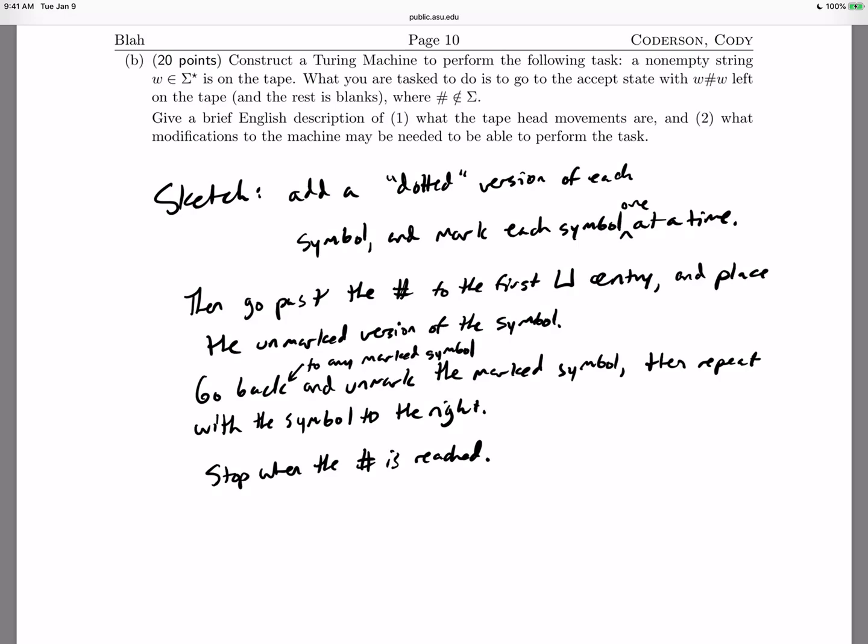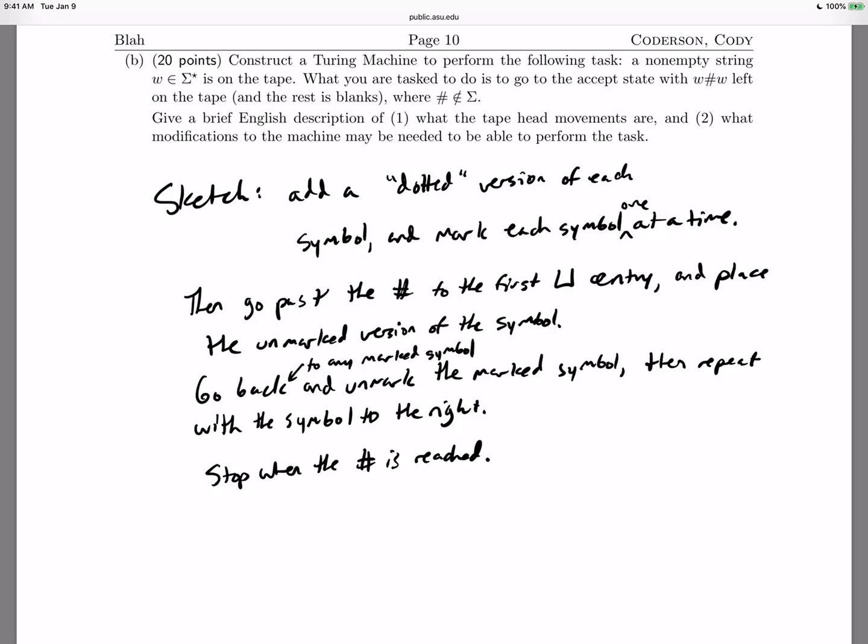So the idea was to mark a character on the left side, then put it on the right side in the next available slot, then, still remembering which character you just did, unmark the one that you had before. So if it was a 0, for example, you put a dot on that 0, essentially a different character. Put a 0 on the other side. Come back until you hit a 0 dot. Unmark it, so put a 0 there, and then move right 1 position.